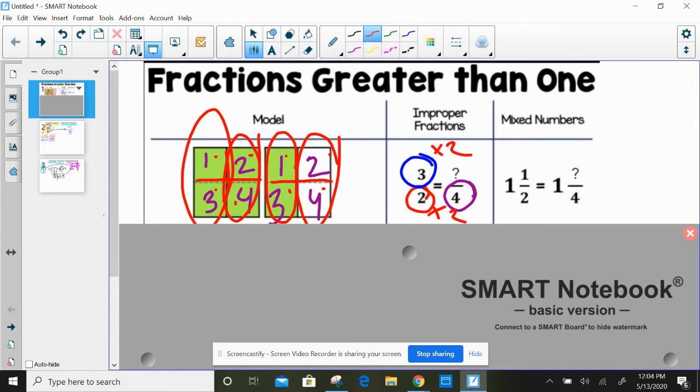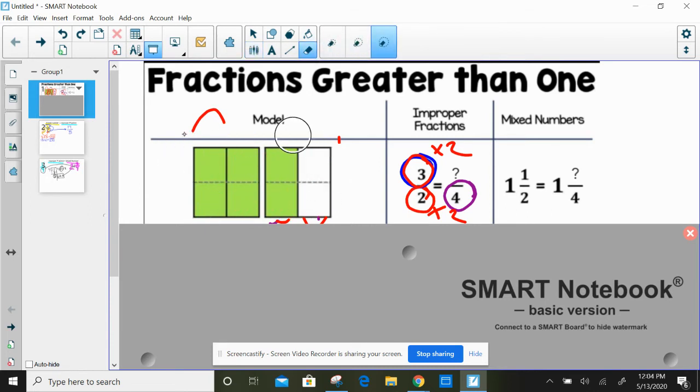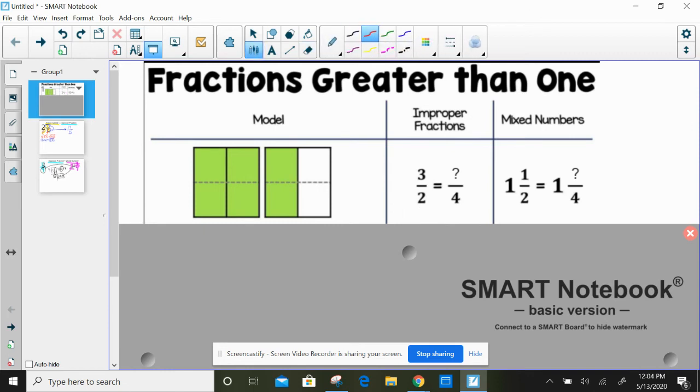Or if you're not quite ready for that, you could just count. How many do we have shaded now? First, we had 3 shaded, right? We had this 1, 2, 3 shaded. And we're getting a little messy here, so let me erase some stuff for you. We originally had 1, 2, 3 shaded.